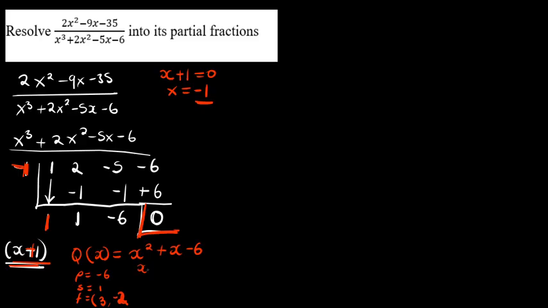So it will be x squared plus 3x minus 2x minus 6. What's common? x is common. So x common, then plus 3, then -2, then x plus 3. So I have x minus 2, then x plus 3.